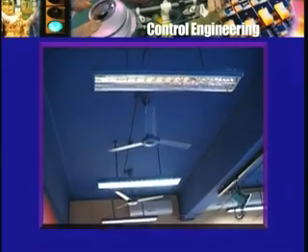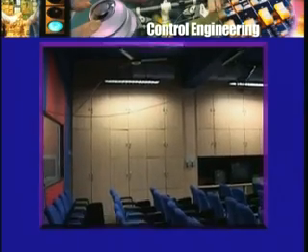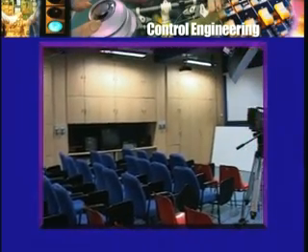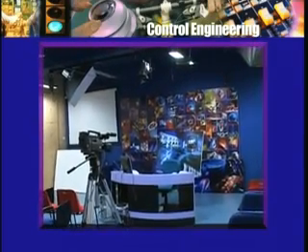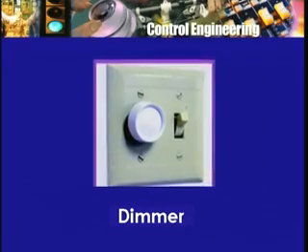Of course, one can have a much more sophisticated illumination system, as in a big lecture hall or a theater, where it's not just one light which is to be turned on or off, but a large number of lights, some of which may have to be turned on depending on the requirements. There is also provision for what is called dimming of lights.